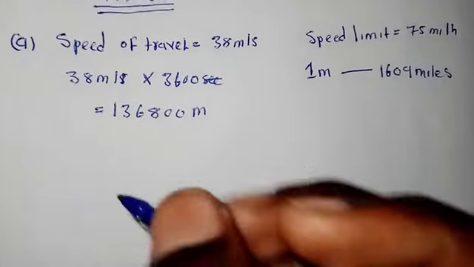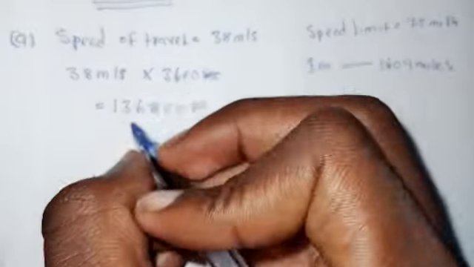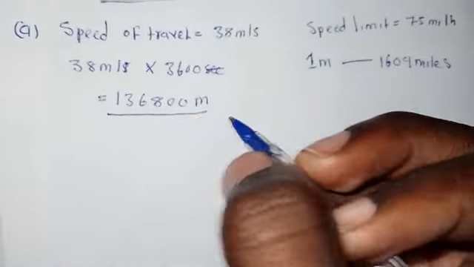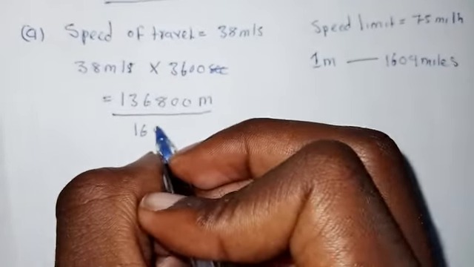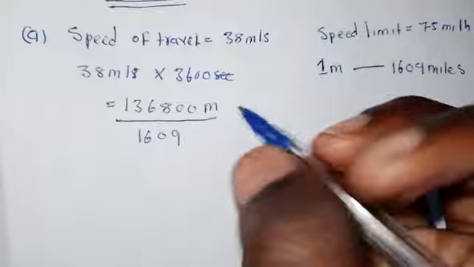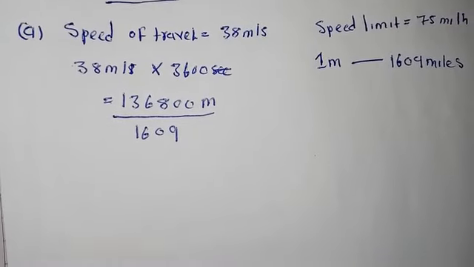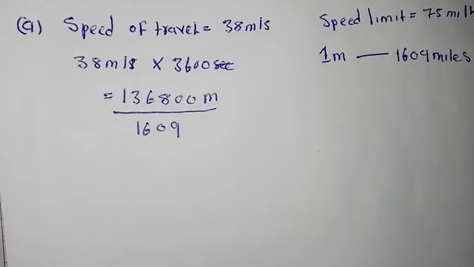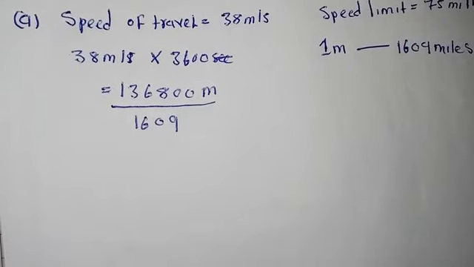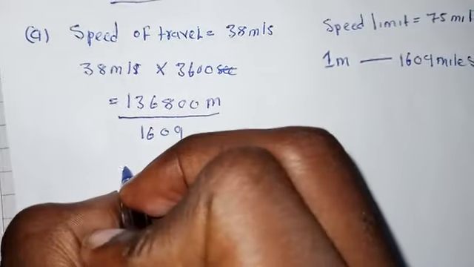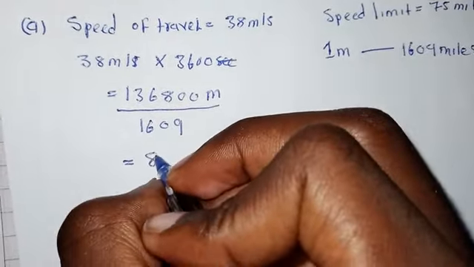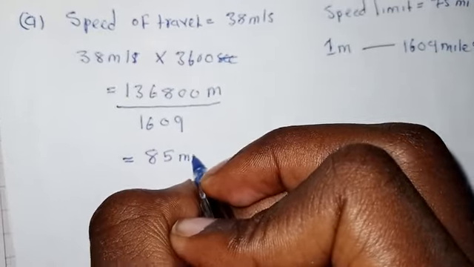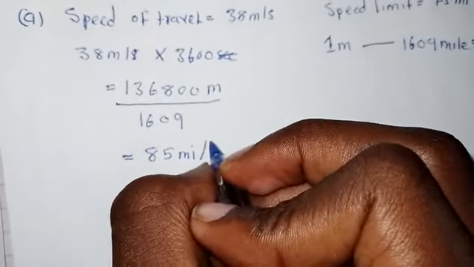Now, I'm going to divide this by 1609. And the final answer is simply 85 miles per hour.